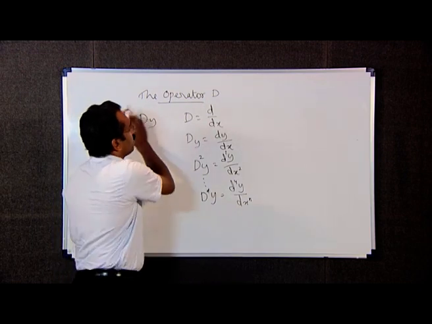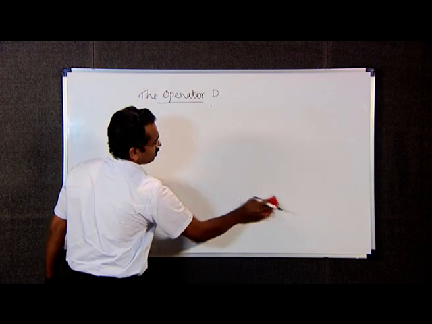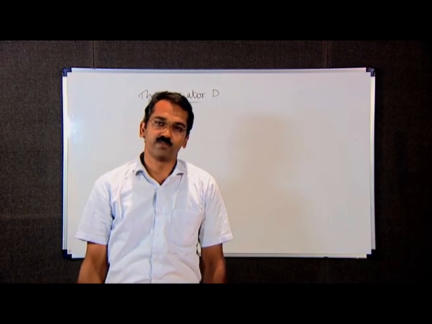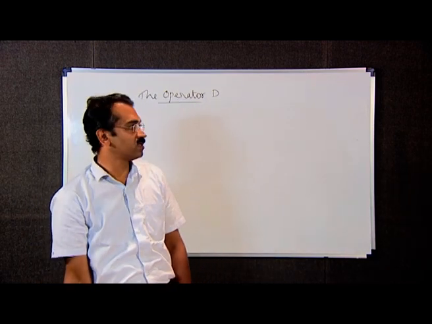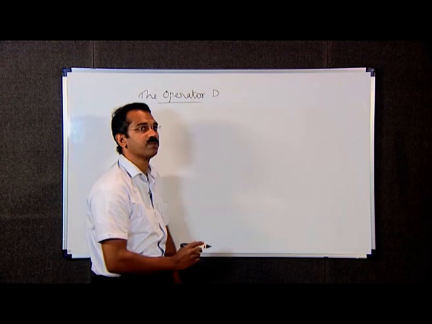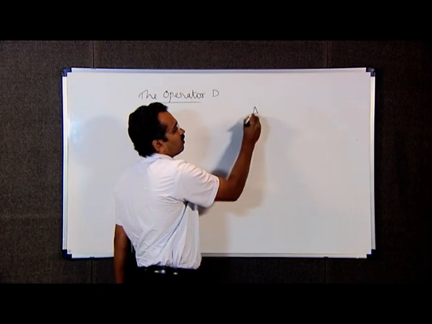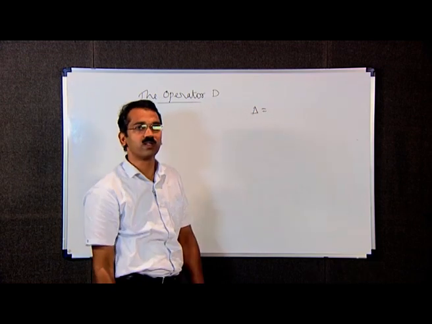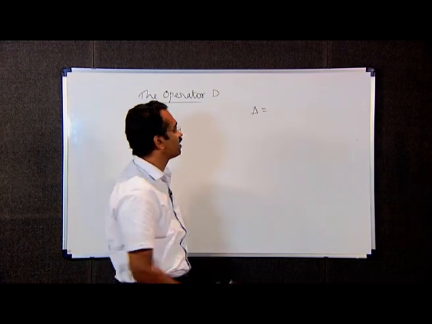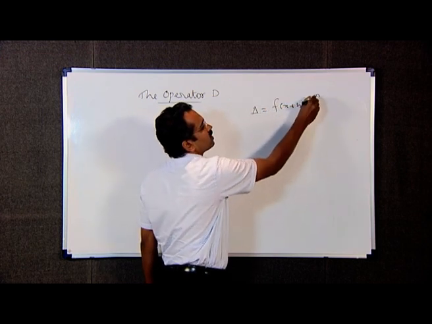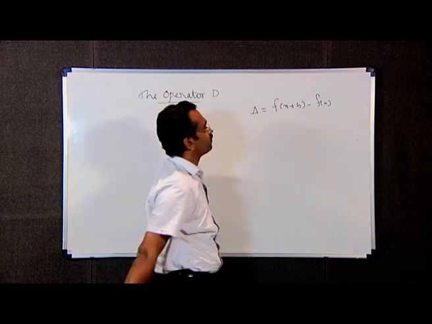Now, there are some relations connecting the forward difference operator delta, the shift operator E, and the differential operator capital D. We have the forward difference operator delta f of x equal to f of x plus h minus f of x.